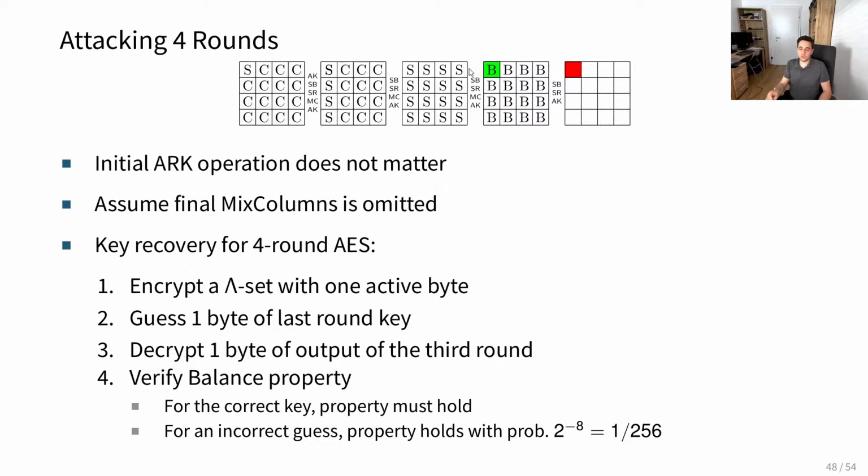So if it holds, then with very high probability we have found the right key, and if it doesn't hold, then we can discard the key immediately. So that's the idea of the attack. Are there any questions to that?